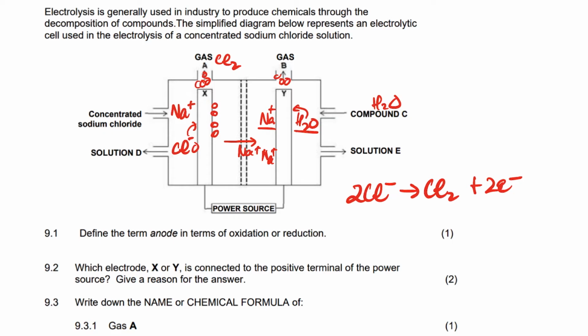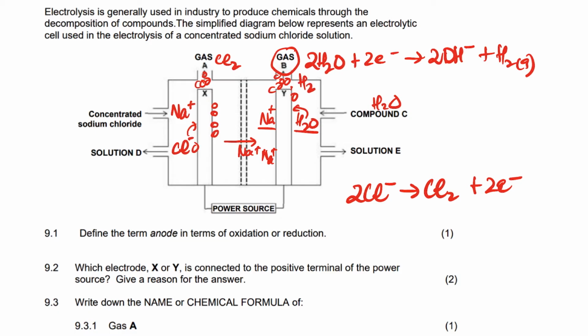So gas B will be hydrogen gas, where water is reduced. It's getting electrons, and then 2 water molecules give us 2OH- plus the hydrogen gas. So this is the hydrogen gas in gas B that you're going to get there, right?